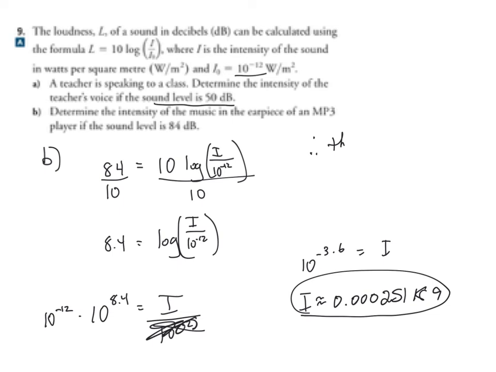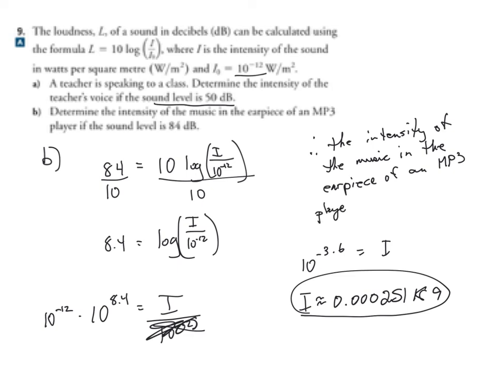Therefore, the intensity of the music in the earpiece of an MP3 player is about 0.000251189 watts per square meter.